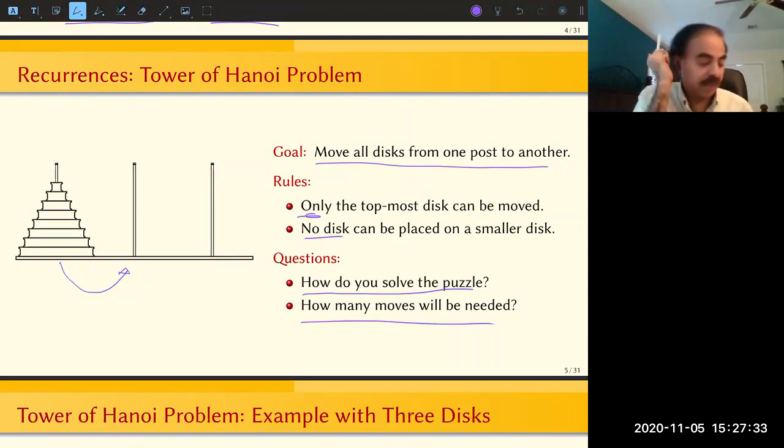Okay, the story goes that this tower exists in a temple in Asia where there are monks who are trying to move a stack of 64 disks from one post to the next, and they have been at it for many years, and they are required to keep doing it.